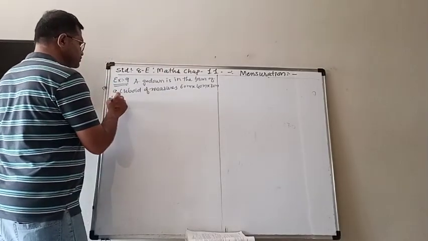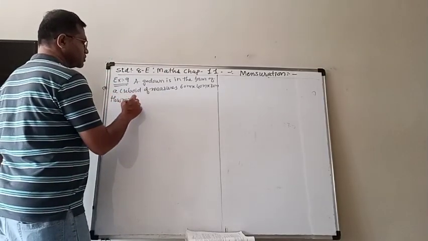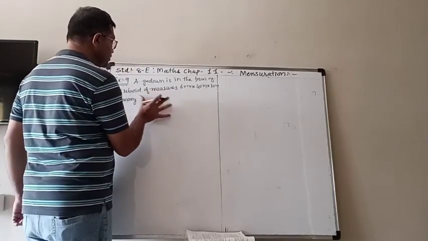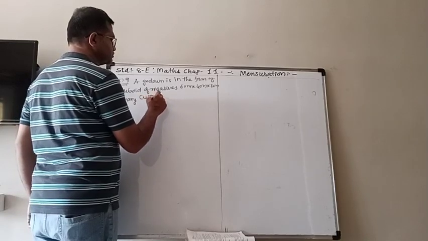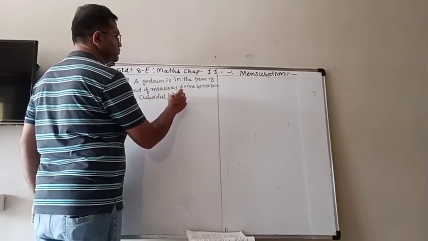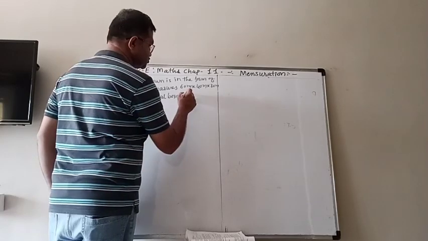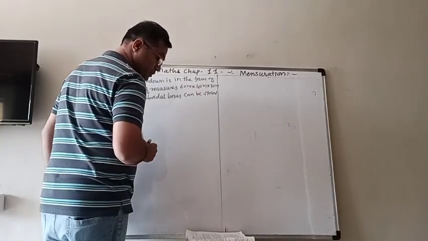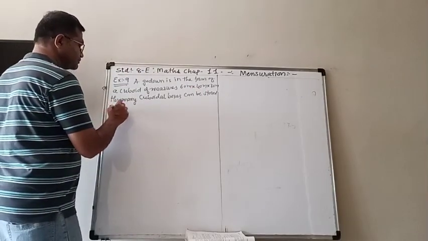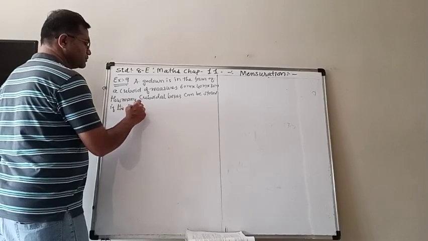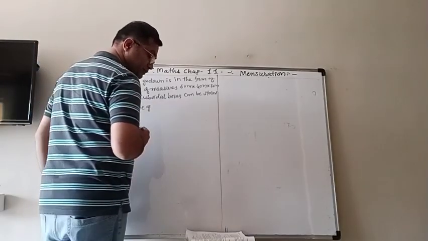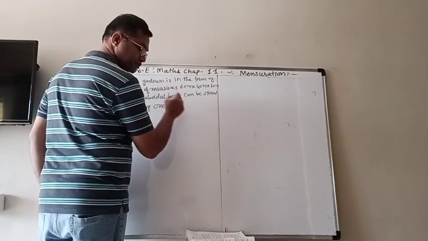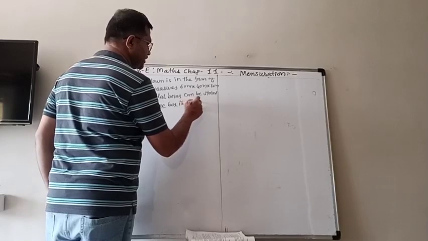How many cuboidal boxes can be stored if the volume of one box is 0.8 meter cube?